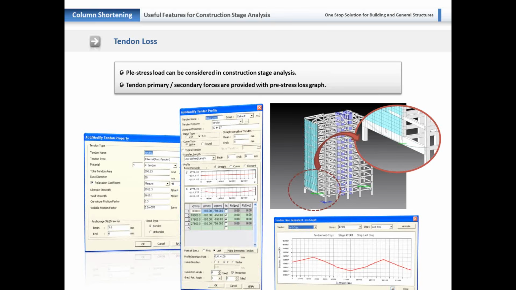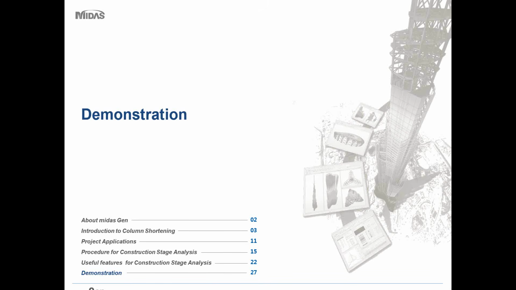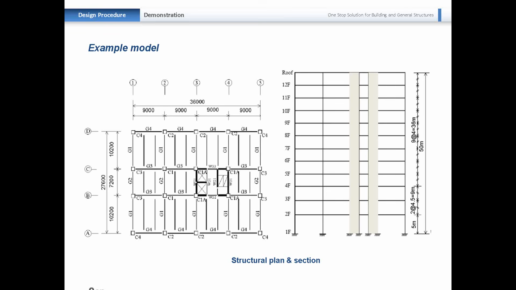Let me now go over to the demonstration half. So this is the model that we will be dealing with today, a simple 12-story structure. And this is the structure in plan and elevation.